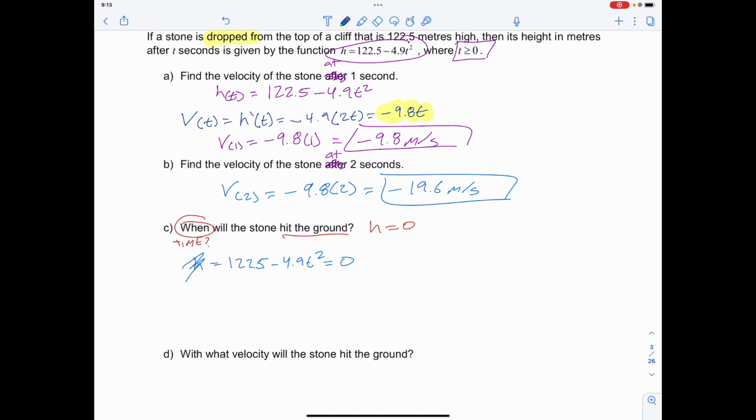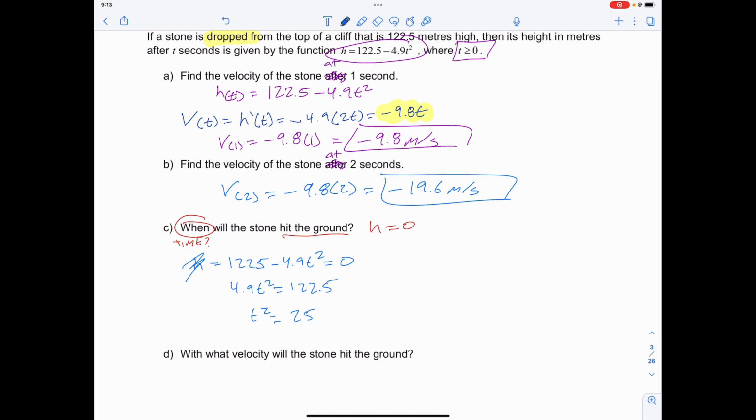This means that positive 4.9 t squared is going to equal 122.5. When I divide both sides by 4.9, I get t squared is equal to 25.